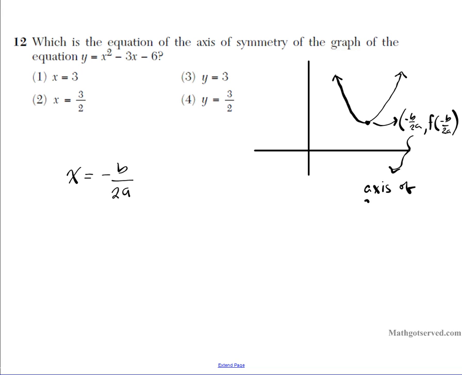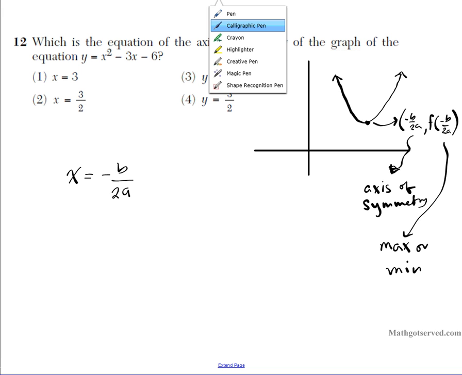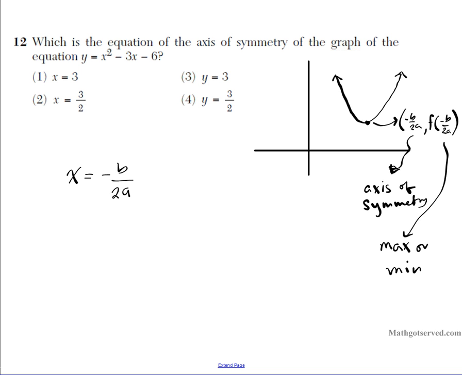And the y component tells you the value of the max or the min. In this case, we just need the axis of symmetry, so we just pick the x. This x line right here will be the equation of the axis of symmetry.